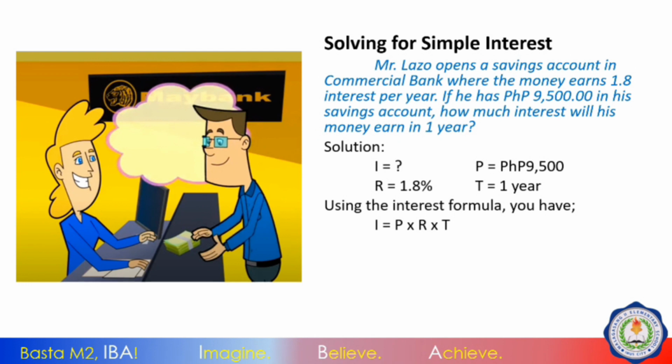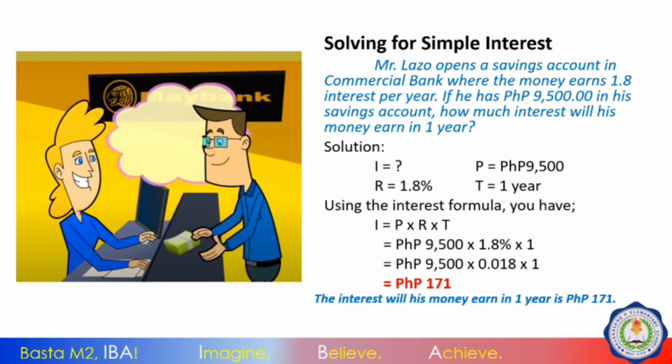To solve for the interest, you need to multiply the principal times rate times time. The interest his money will earn in 1 year is 171 pesos.